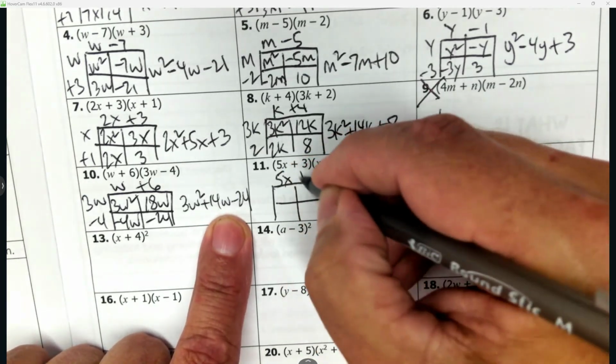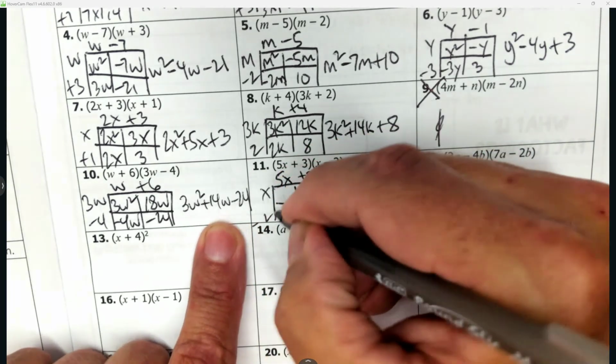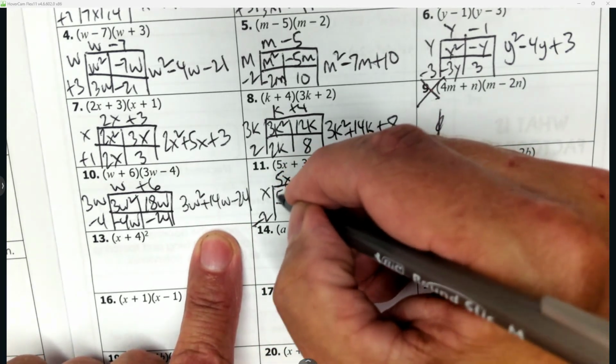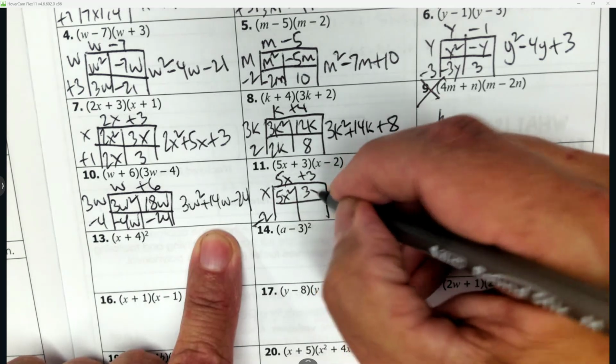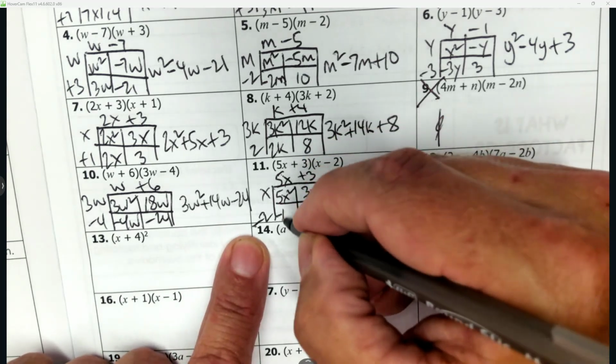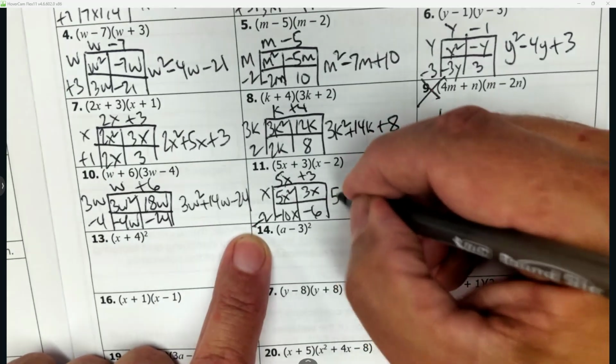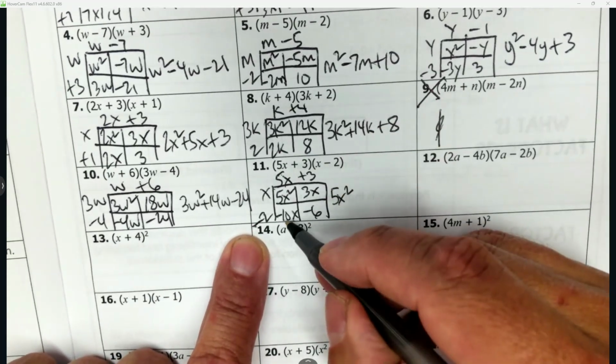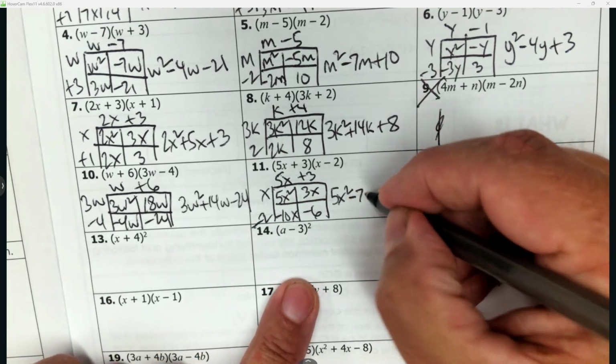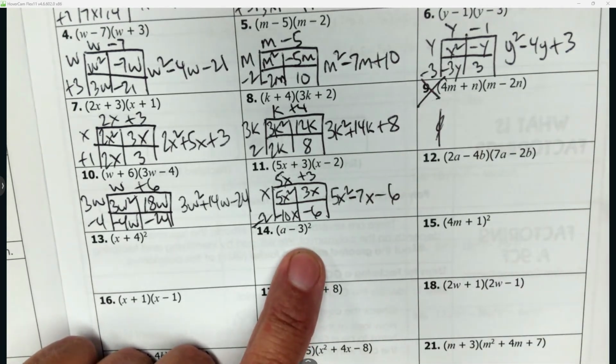So we have 5x plus 3 and x minus 2. So we have 5x squared and 3x, negative 10x, and negative 6. And then we end up with 5x squared, negative 10 plus 3 is minus 7, and then minus 6.